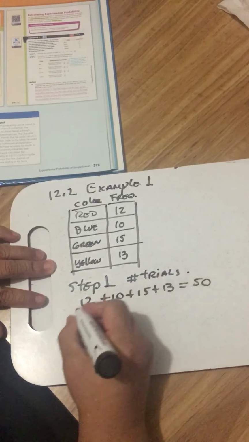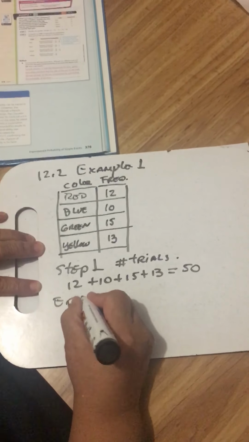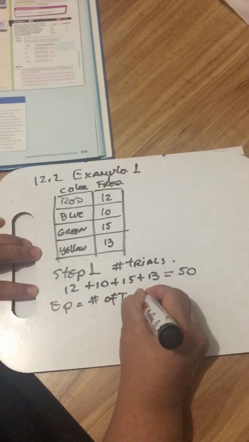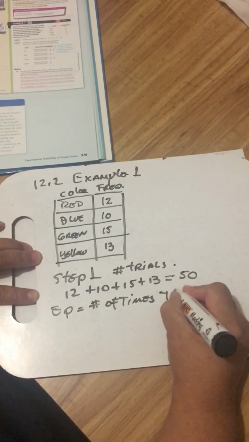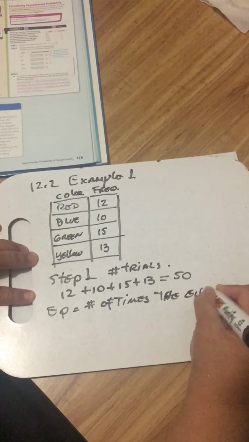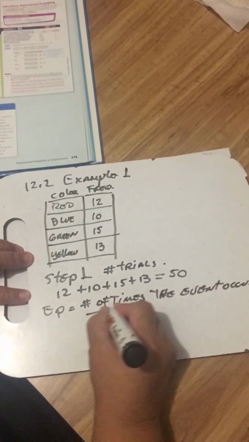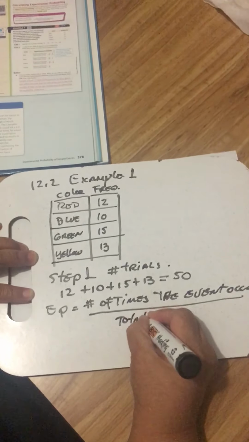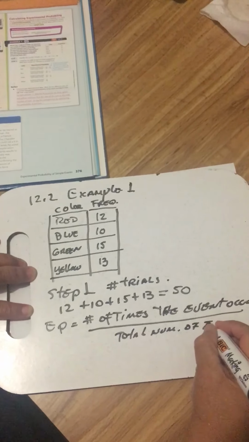Remember that the experimental probability is going to be the number of times the event occurs divided by the total number of trials.